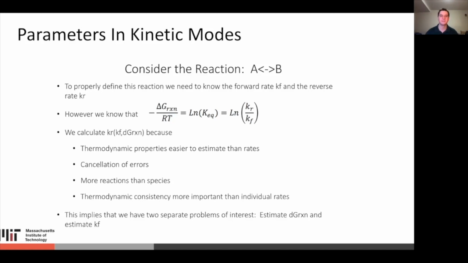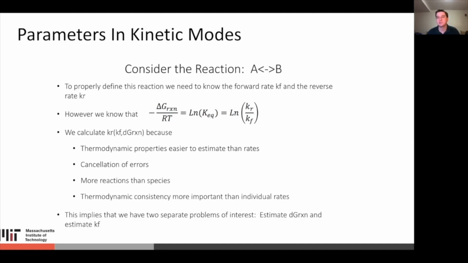In general, we calculate the reverse rate as a function of the forward rate and the Gibbs energy of reaction because thermodynamic properties are much easier to estimate than rates, both in terms of calculations and in general estimates. You also get very nice cancellations of errors with thermodynamic properties that you don't get with kinetics.